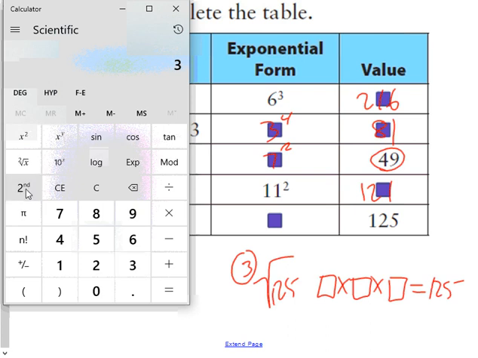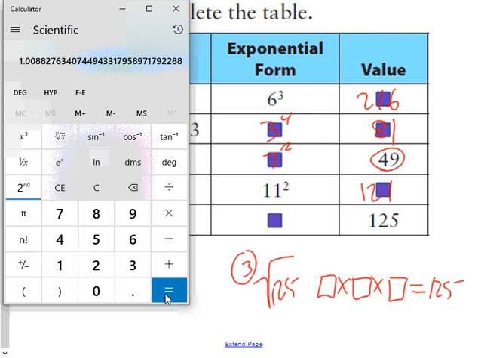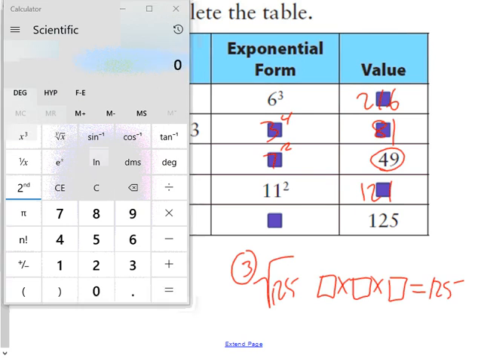Clear. Try this again. Third root of 125 equals. Oh, I am doing it wrong. Well, maybe hang on a second. Okay, I know what I'm doing wrong. So listen, you don't put in your 3 first. You put in your 125 first. Then you press your cube root button.